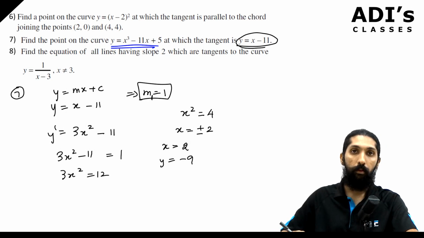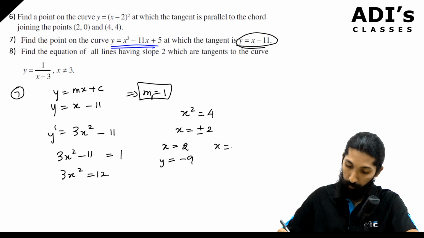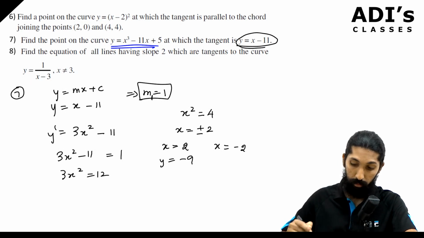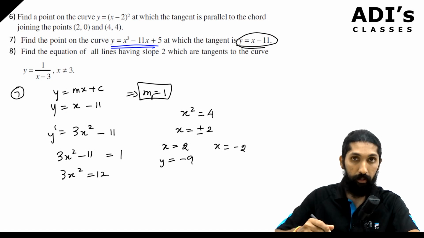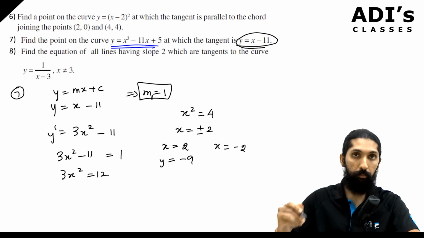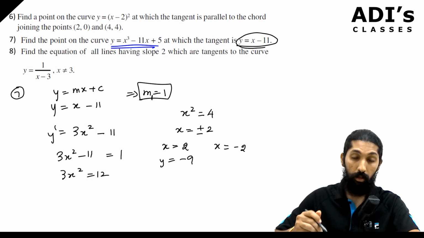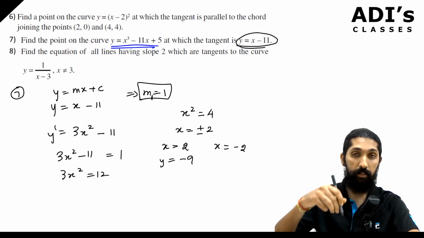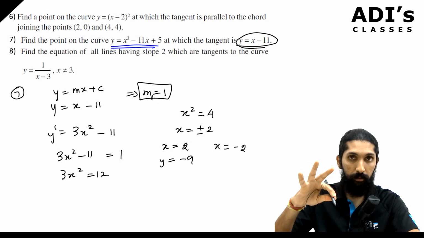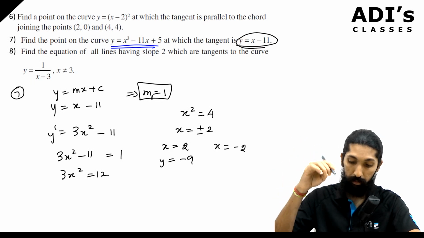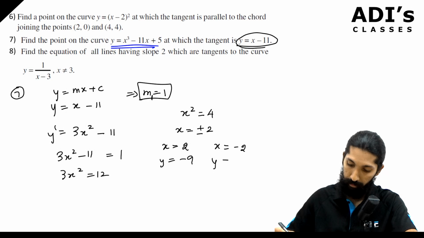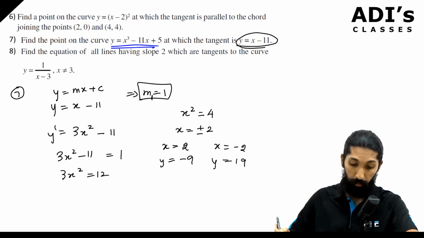This is 1 point. Or if you have x is equal to minus 2, then substitute minus 2, you get minus 8 plus 22 plus 5, correct? Or if you are going to take it, minus 8 plus 5 is minus 3, minus 3 plus 22 is going to be 19. So we are going to have 2 points here.